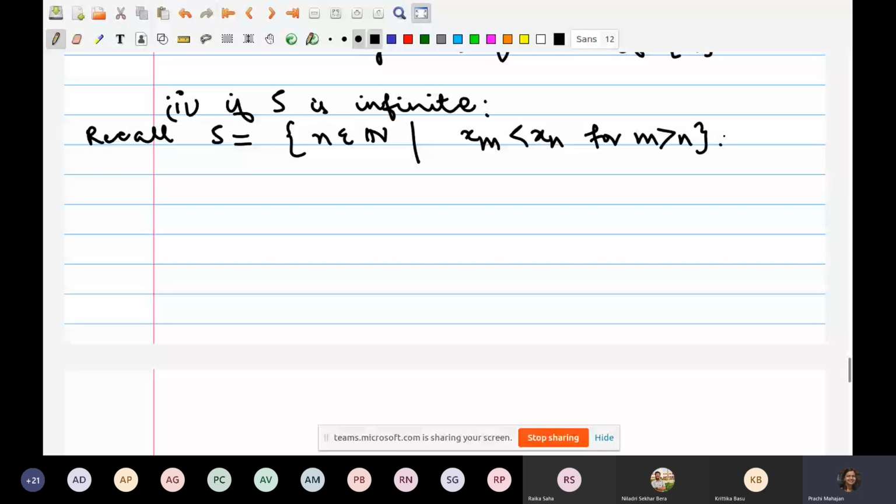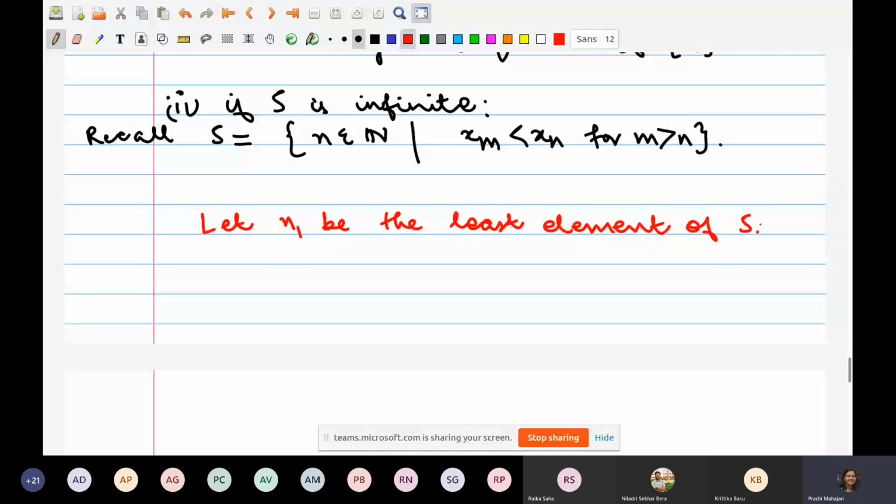The first thing that we notice is that S has a least element. So let n_1 be the least element of S. We have not talked about it. How do we assert that n_1 exists?